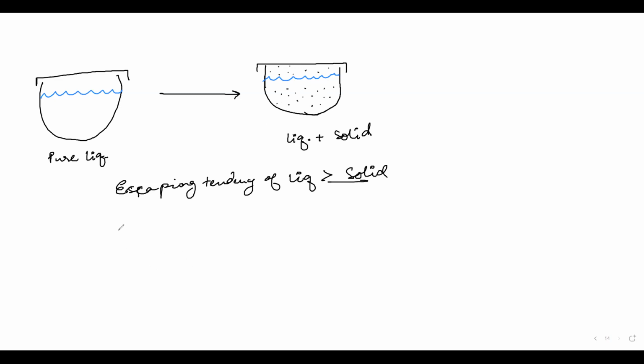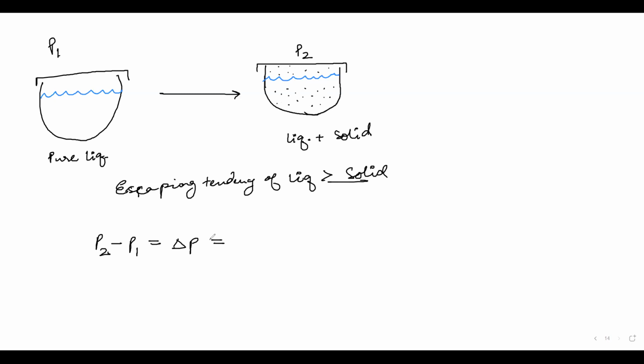So let me say this is P1, this is P2. If I want to write the difference in the pressure, I will write P2 minus P1, final minus initial, is equal to delta P. Now what is delta P?